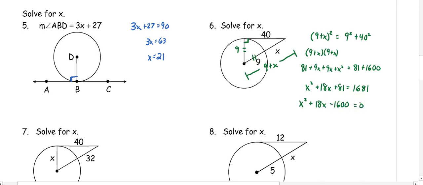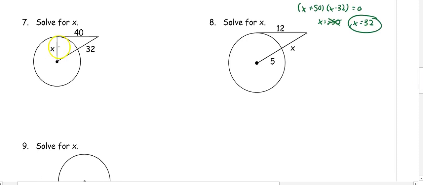So we need two numbers that multiply to negative 1,600 and add to positive 18. So those numbers are going to be x plus 50 and x minus 32 equals 0. So x is negative 50 or x is 32. Now 32 is only going to work because 50 can't be included since that would give us a negative length.